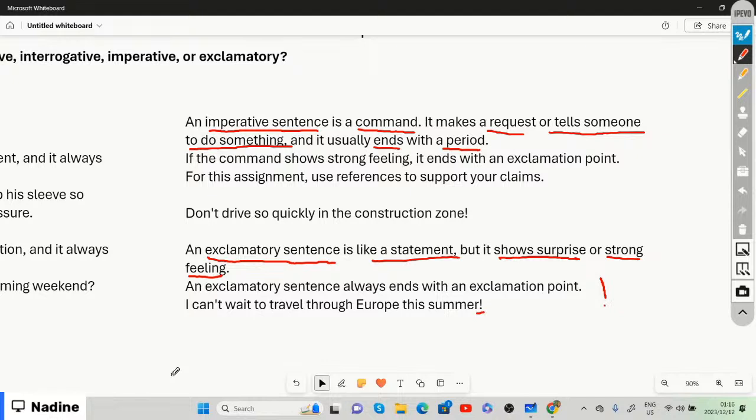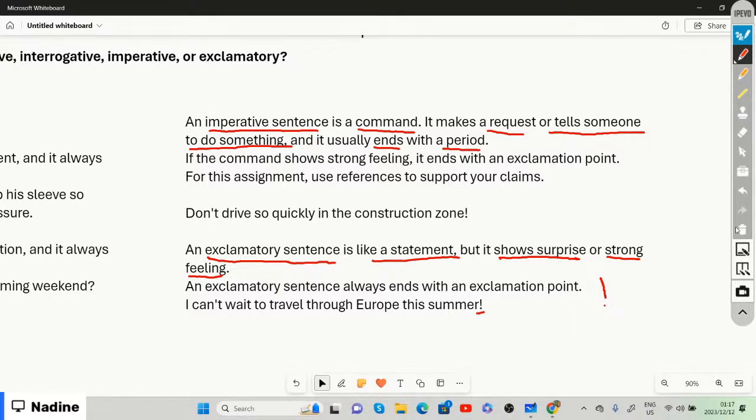So these are the four different types of sentences, right? We have a declarative sentence, and we're starting with it.